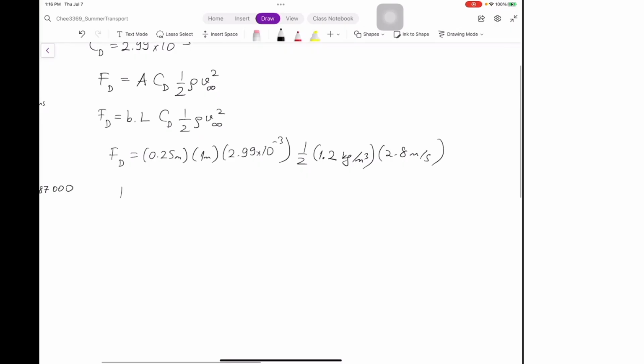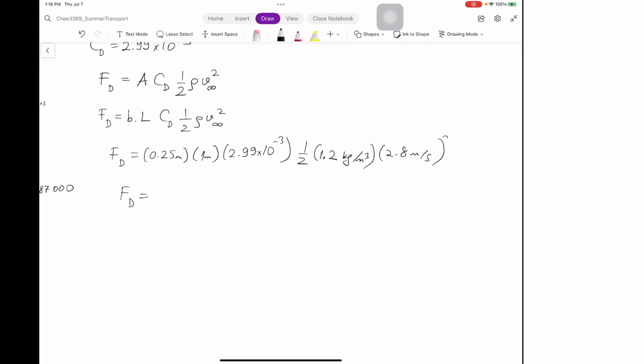So you get FD is equal to 0.25 times 2.99 times 10 to -3 times 1/2 times 1.2 times 2.8. The 2.8 needs to be squared.